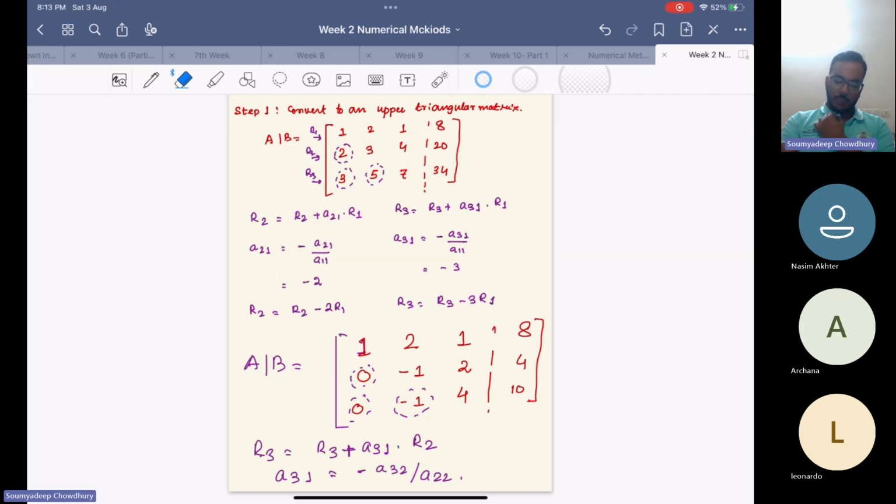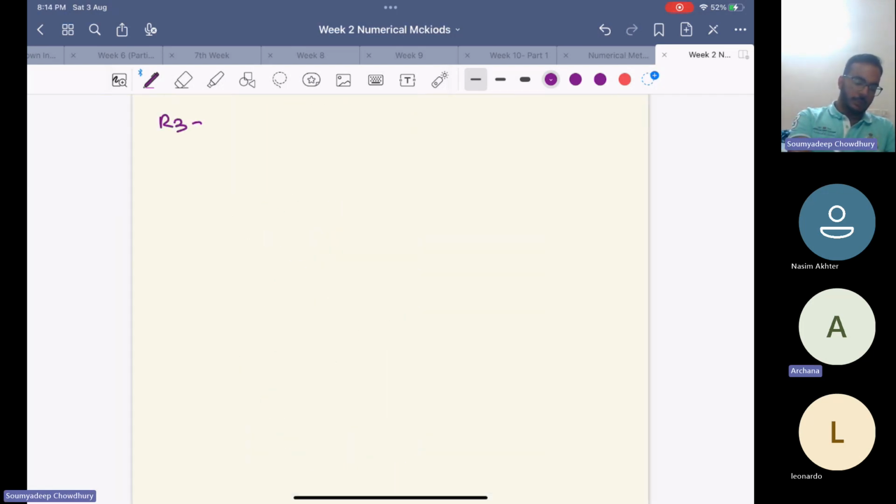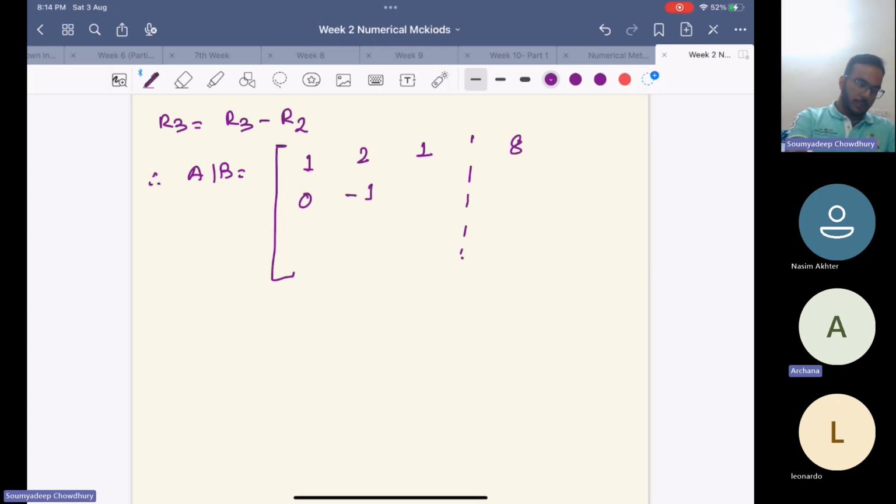What is A32 here? Minus 1. So minus of minus 1 by minus 1 gives minus 1. So R3 equals R3 minus R2. Therefore, the new augmented matrix will be: first row remains the same, 1, 2, 1, 8, then 0, minus 1, 2, 4.